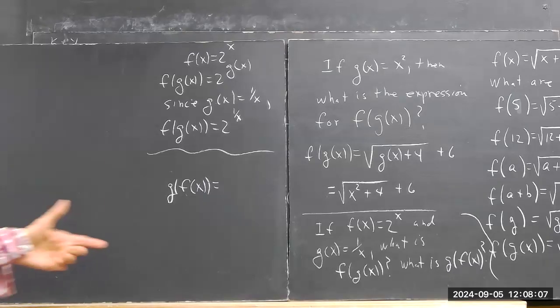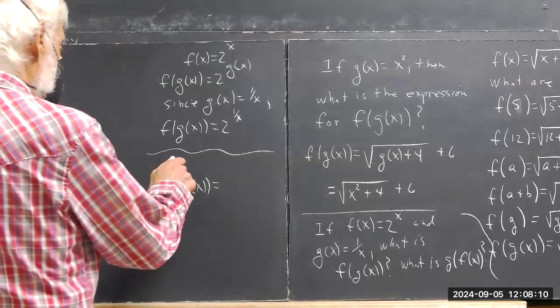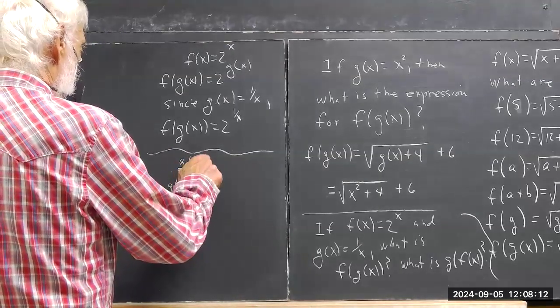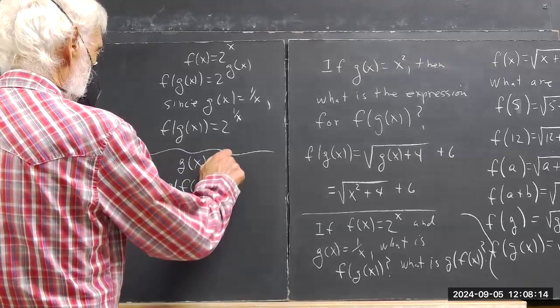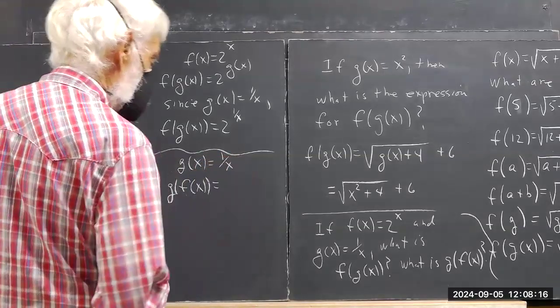Okay, first of all, I would write up here what G of X is. Notice I left myself room unlike before. I wrote it wrong.